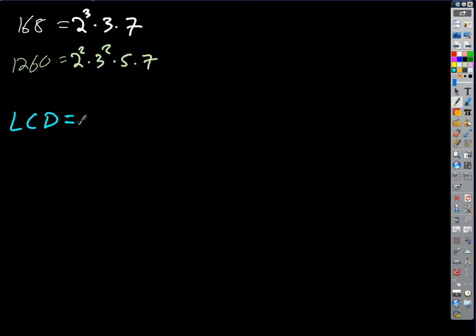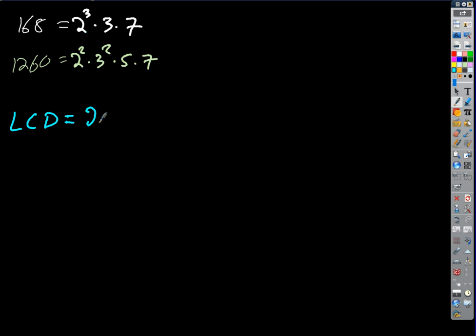My least common denominator, how many factors of 2 am I going to have? How many do I need total? This one only needs 2, but this denominator needs 3. I have to have at least enough to satisfy both denominators, so I need 3.